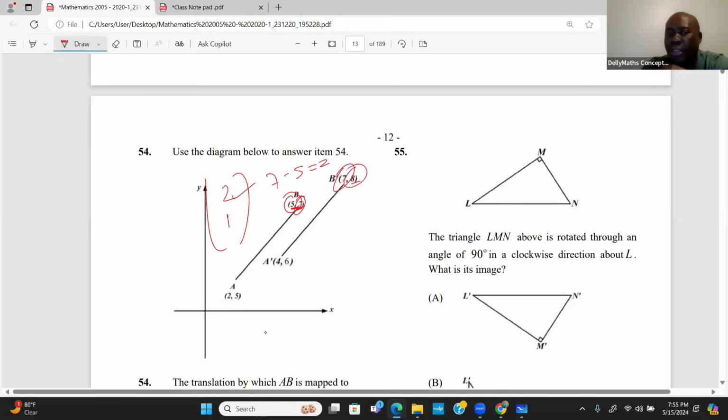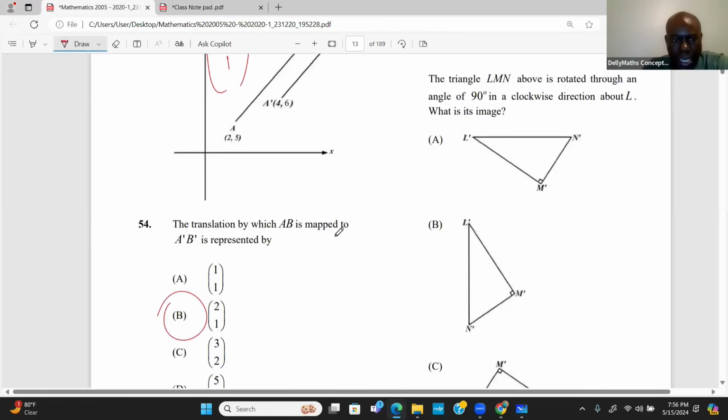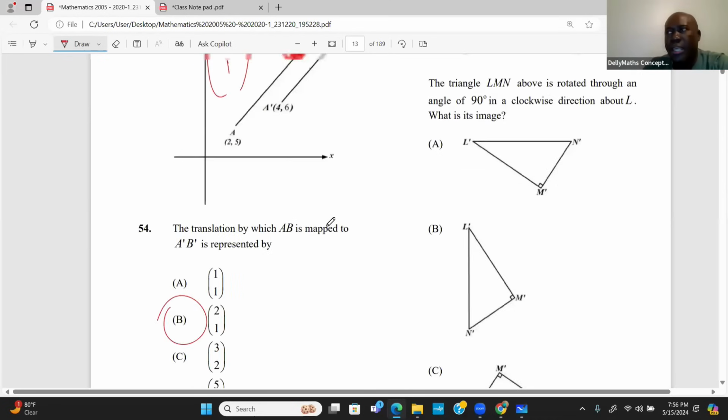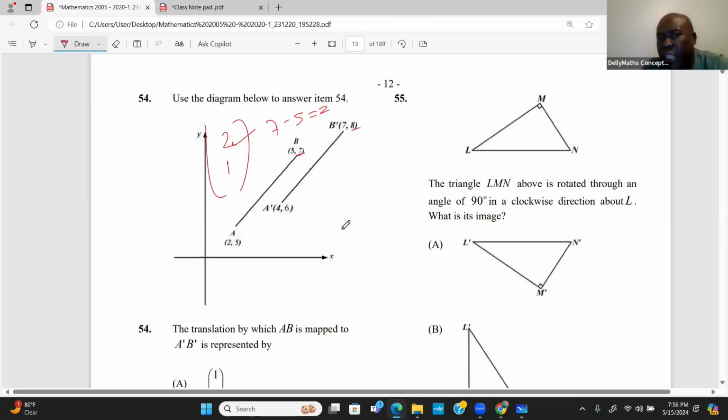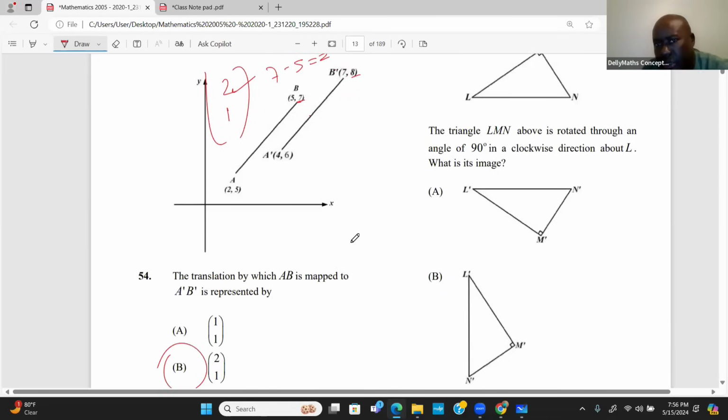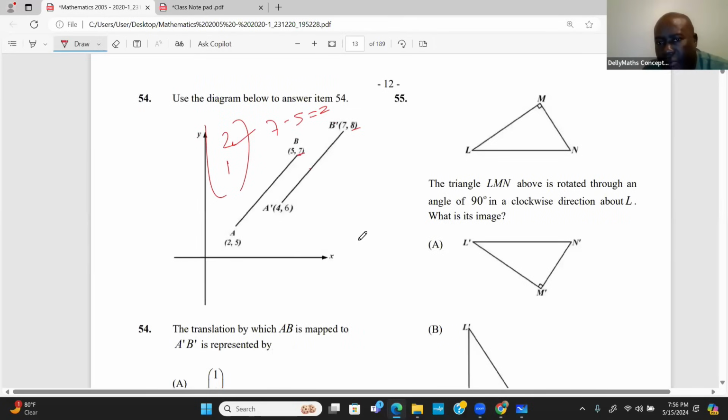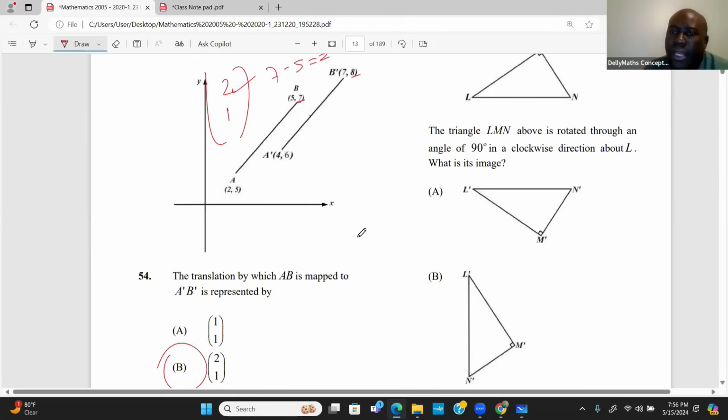Pick the 2 Y values, I subtract, I get what happened between them. And remember that a translation gives the X one at the top and the Y one at the bottom. And you get it. The same ideas from the class, just putting them into this now. All right, number 5. Triangle LMN was rotated 90 degrees clockwise.